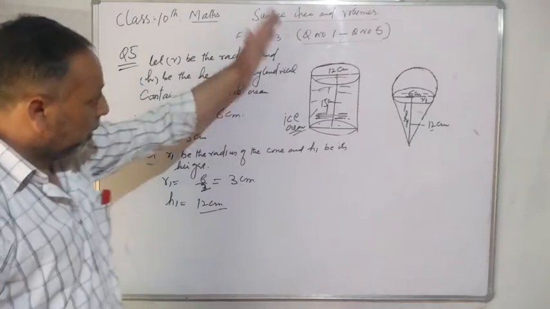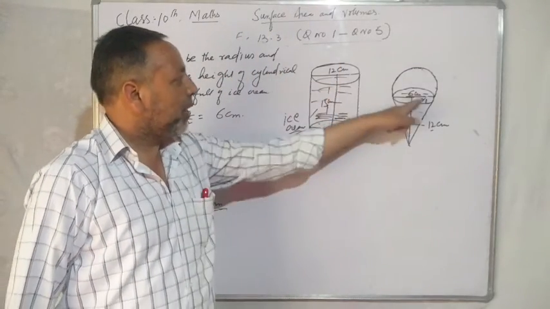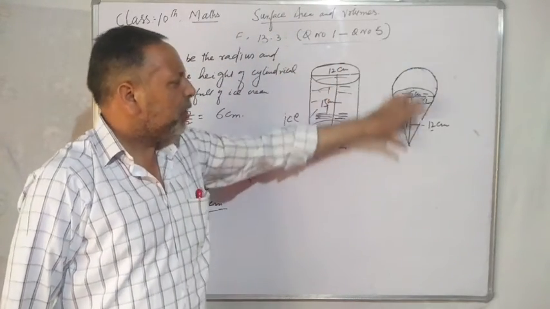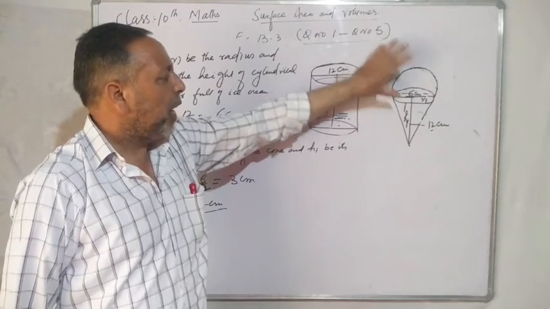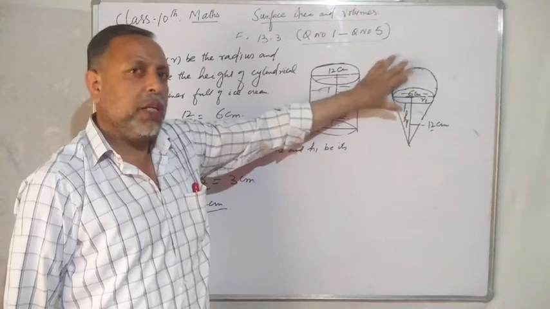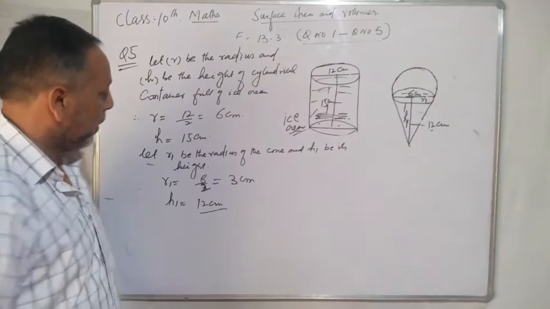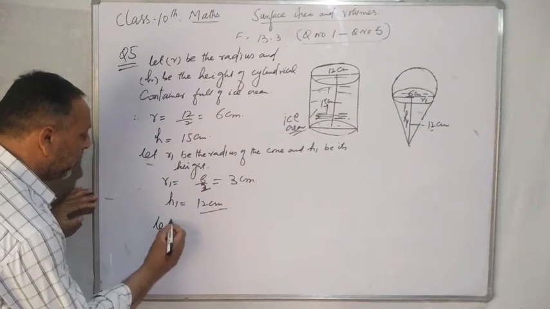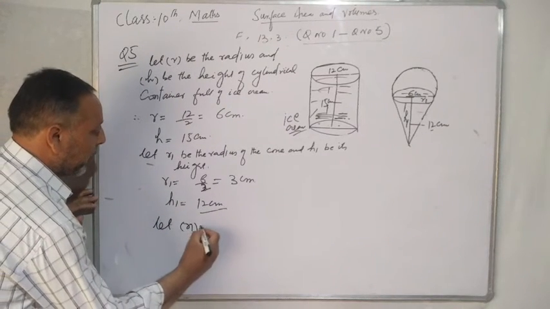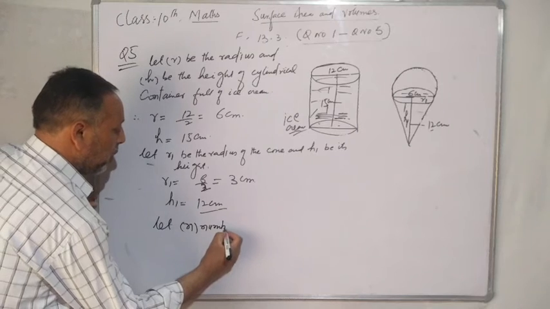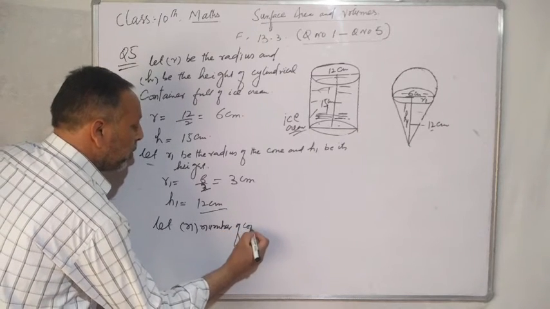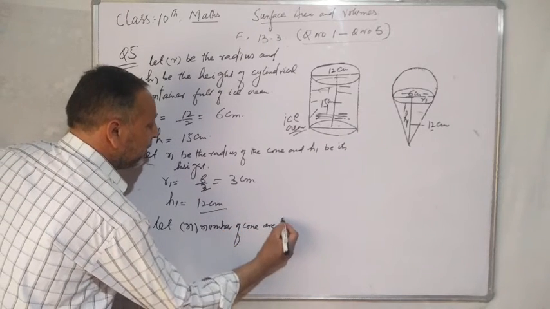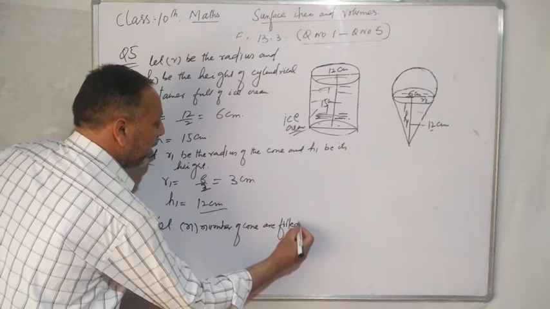चलो मान लिया, जब हम आइसक्रीम निकालते गए, कोन्स में भरते गए, let us suppose that n number of cones are filled with ice cream.